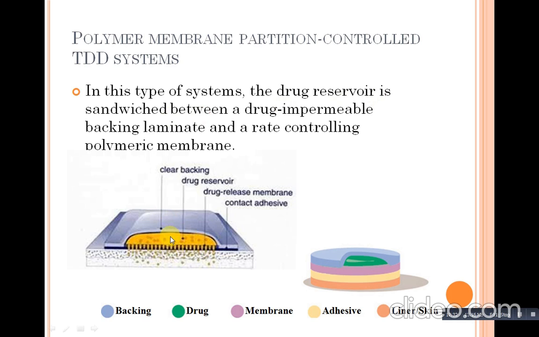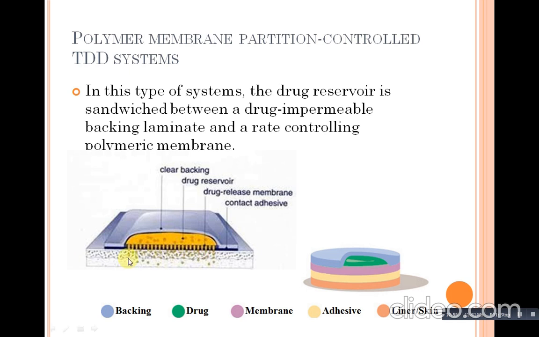This is the reservoir, and this is the release control membrane. The release rate of drug from this patch is dependent on the type or nature of this membrane. If the membrane is more permeable, the rate of release will be faster. If the membrane is less permeable, then the release rate will be slower.